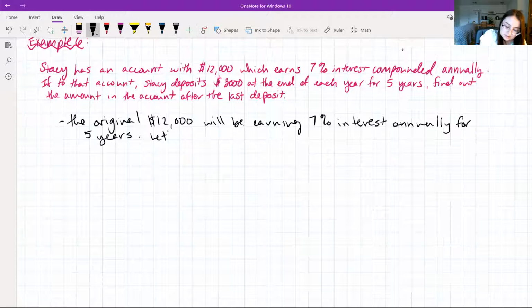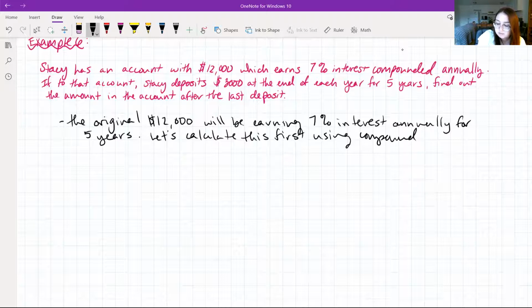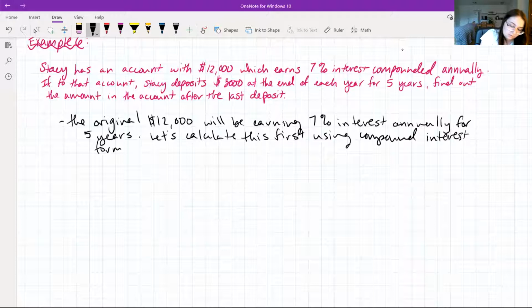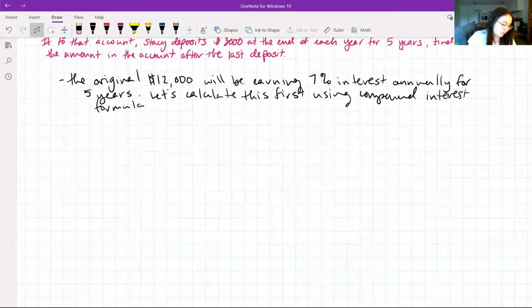So let's calculate this first, just using our compound interest formula. Okay. So our compound interest formula, which we remember, is A is equal to P times 1 plus I to the power of N.